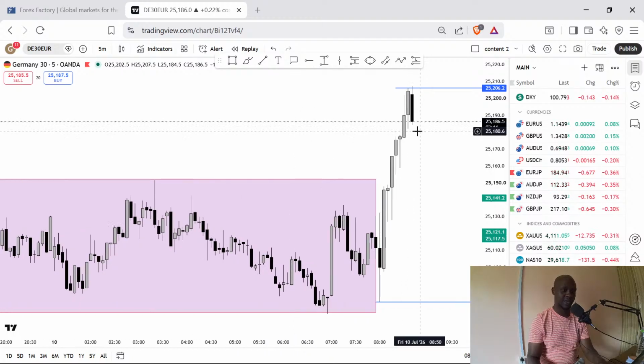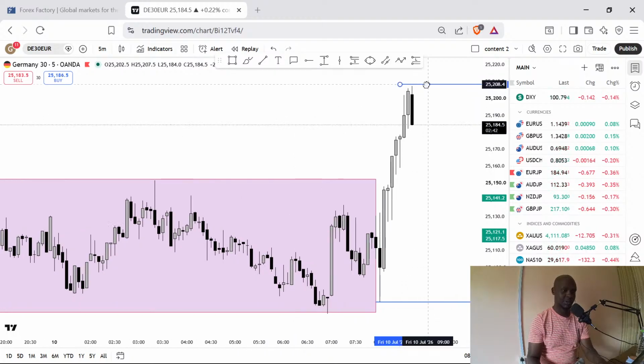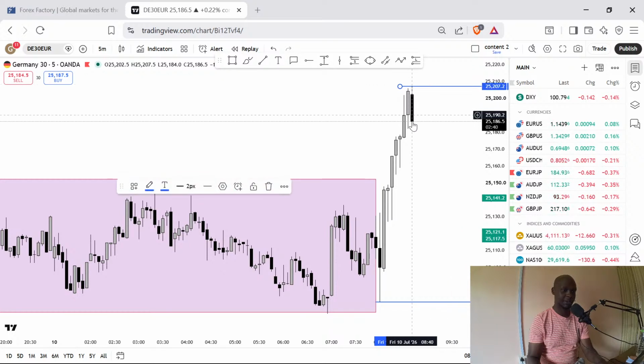Now, this actually is a continuation of momentum to the upside, but we're now starting to get a sell-off. I do not want this candle to be too big.